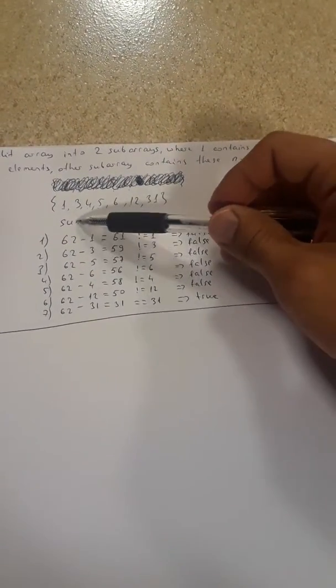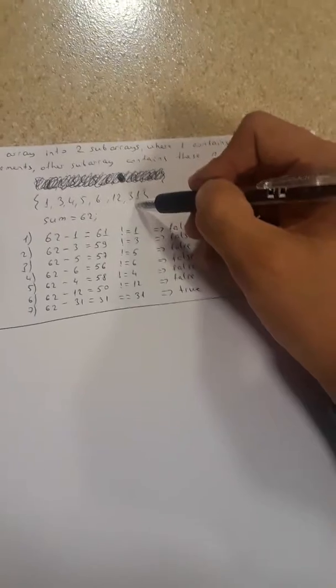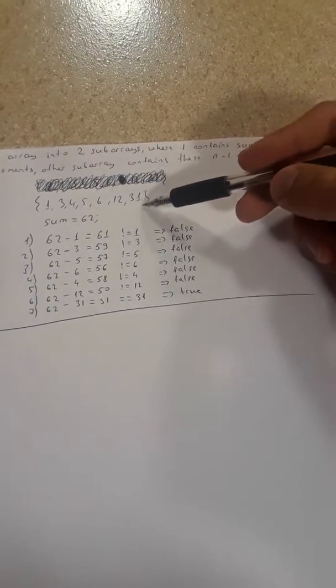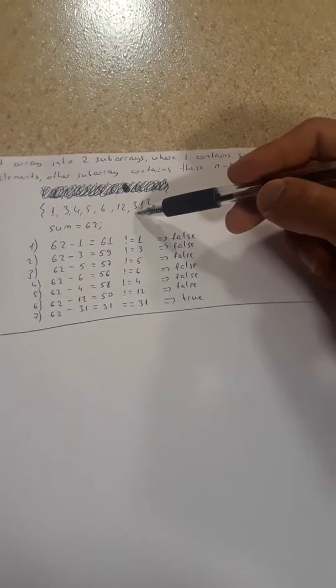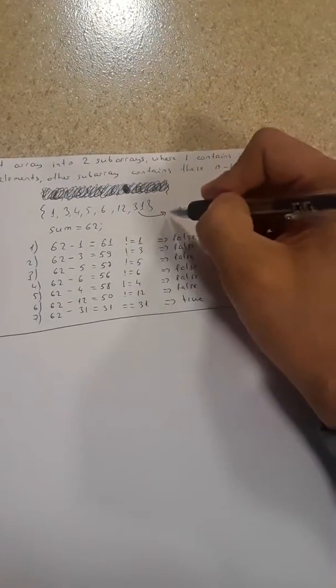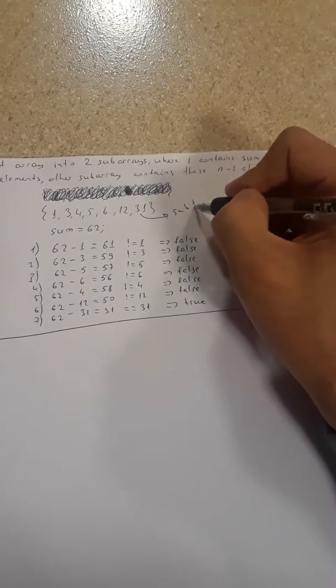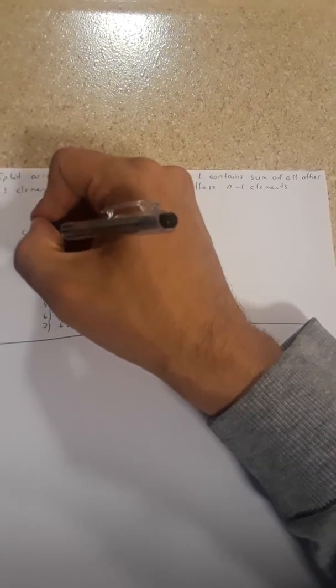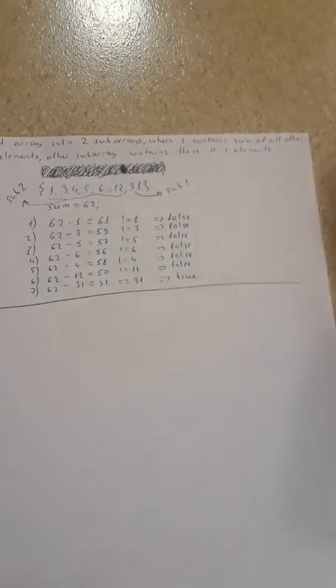For example, here we have an array of the following numbers: 1, 3, 4, 5, 6, 12, 13, where 13 is the sum of all other elements, and in our function we have to find this 13 and split it into another subarray.